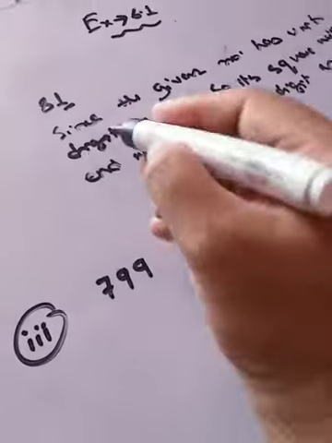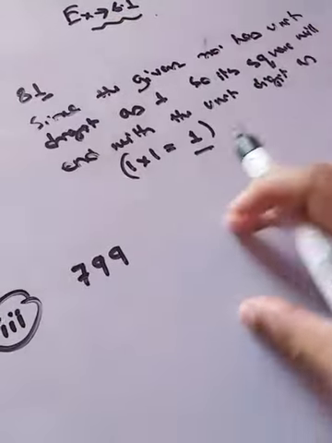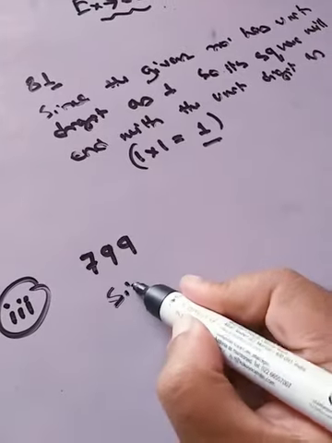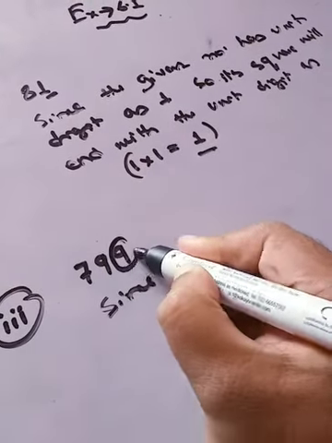Okay, so this particular line you have to write everywhere. Since in this, what is the unit digit? 9.